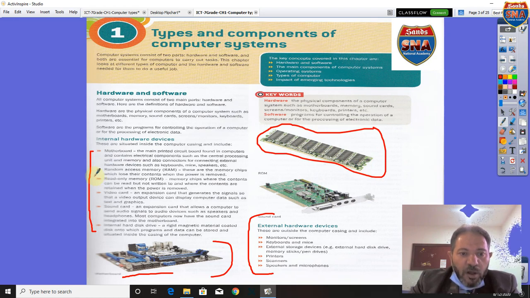The third one is ROM, read-only memory. The ROM is a memory used to store information that needs to be permanent. It is often used to store, for example, configuration data for a computer system. These chips cannot be altered and can only be read from.